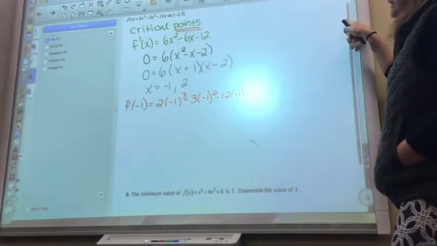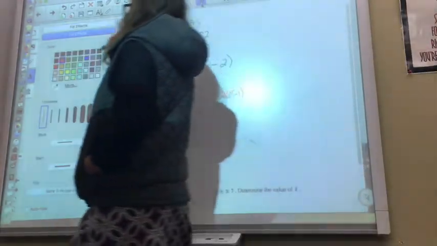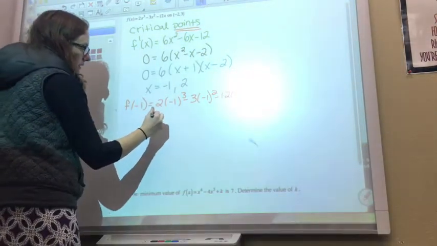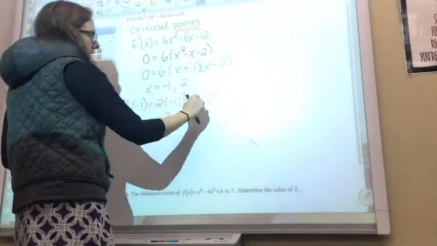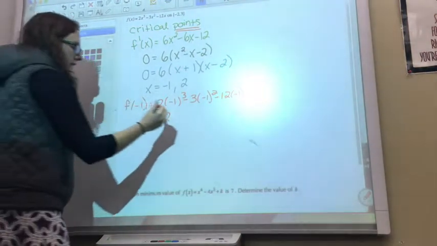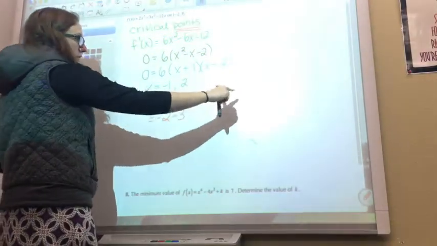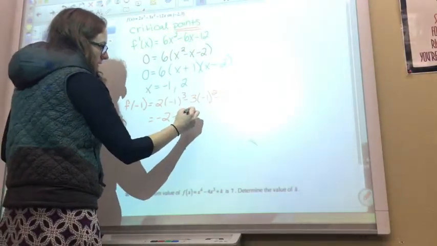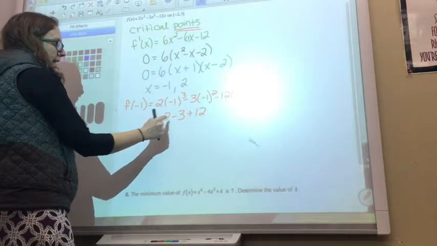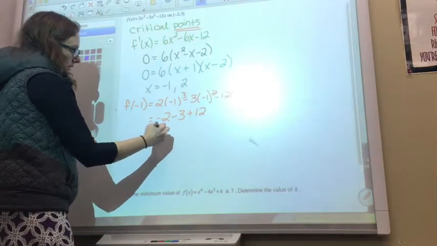Negative 1 cubed is what? Negative 1, and negative 1 times 2 is? Negative 2. Okay. Negative 1 squared is positive 1, and positive 1 times a negative 3 is? Negative 3. And negative 12 times a negative 1 is? Positive 12. So 12 minus 2 is 10, minus 3 is 7.